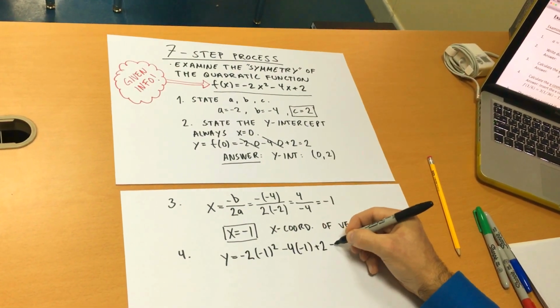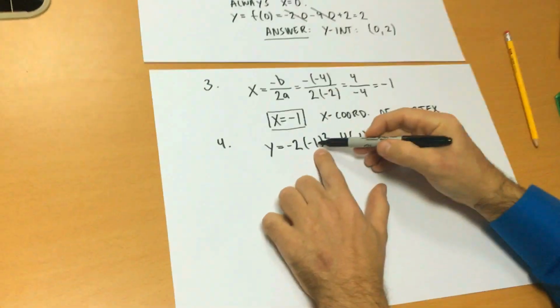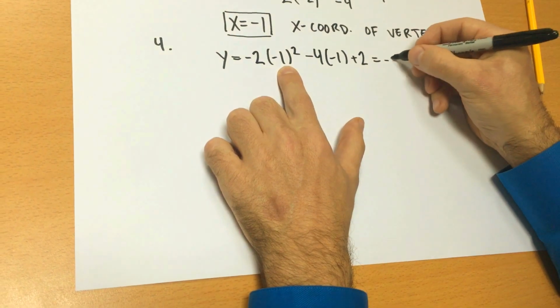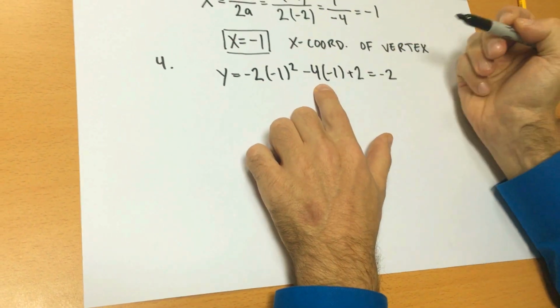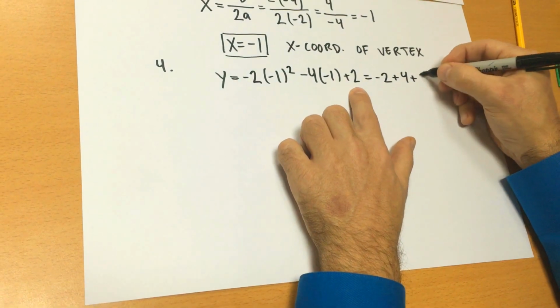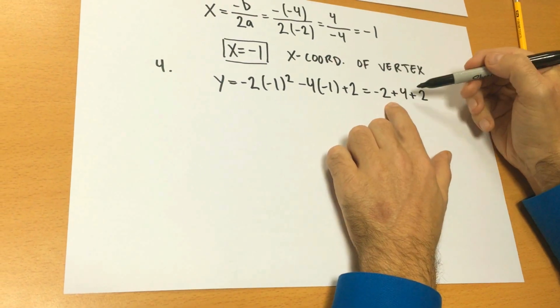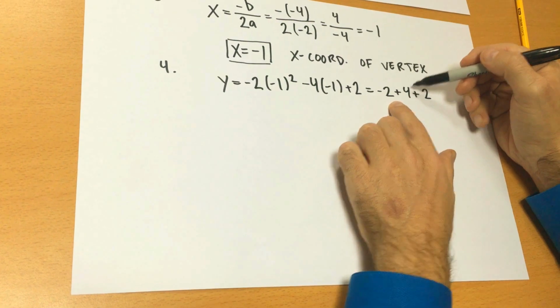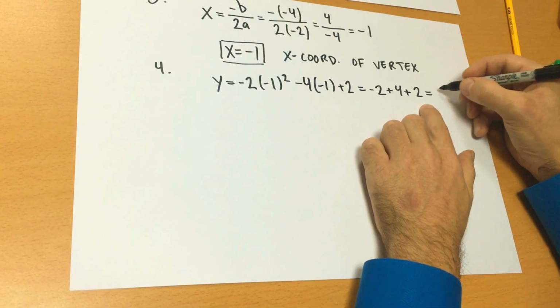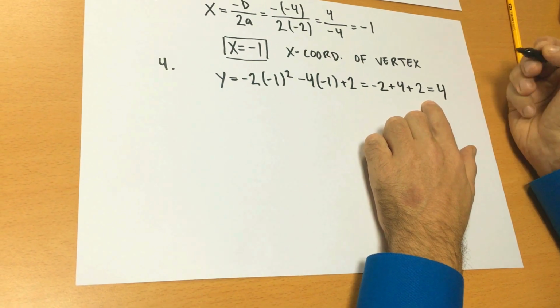And now we're once back to the simplification procedure. Negative 1 squared is positive 1. Negative 2 times positive 1 is just negative 2. Negative 4 times negative 1, that's positive 4. And then we have a plus 2 in the end. So negative 2 plus 4, that's positive 2, plus 2 again, that's equal to positive 4. Did I say this correctly?